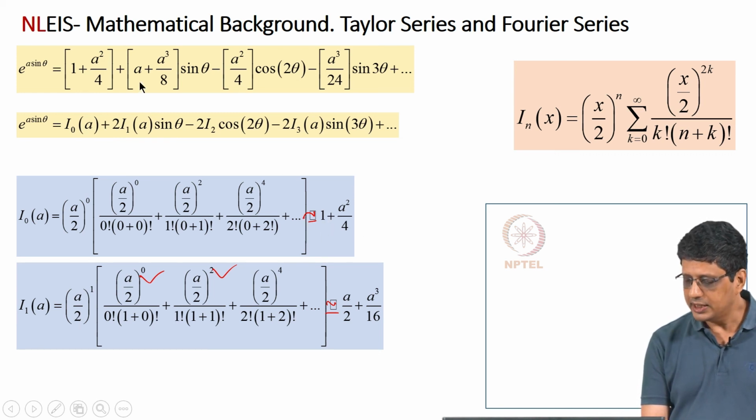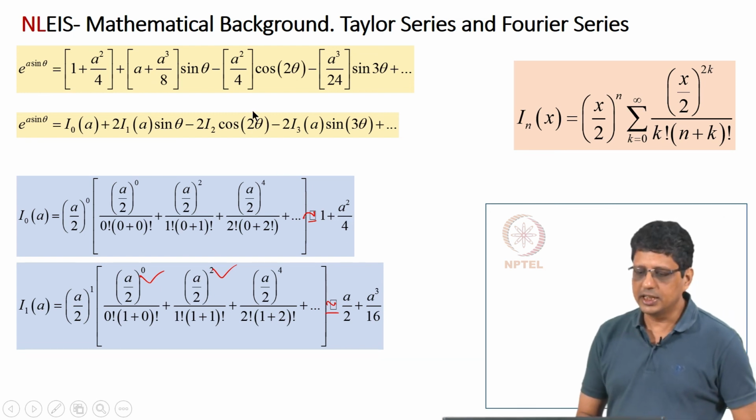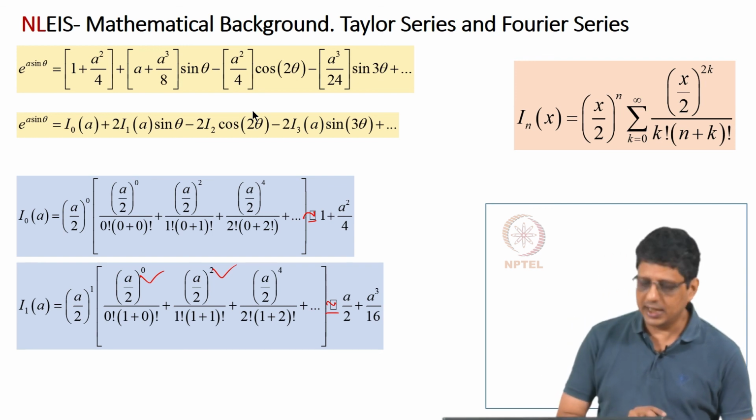The I_1 term has to be multiplied by 2, and if you compare the Taylor series and the Fourier series, you will see that they match when truncated after the a cubed term. And the I_2 term correspondingly matches correctly, and I_3 also, when you truncate it, will match correctly with the Taylor series expansion.